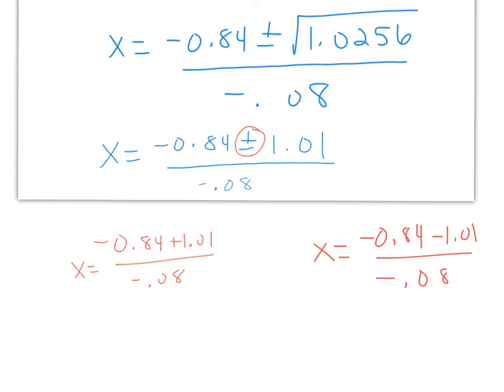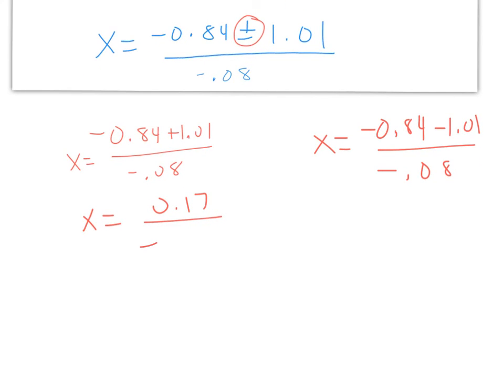Okay, so now working that first one there, -0.84 plus 1.01. All right, and I got 0.17 divided by -0.08, so 0.17 divided by 0.08. And I ended up with -2.25 when I did that.